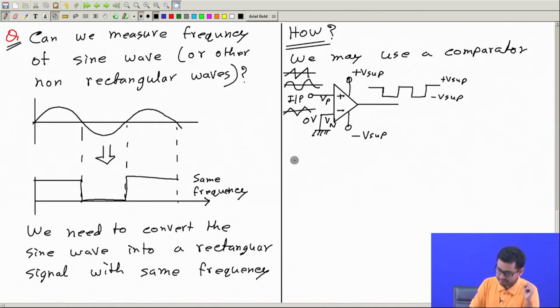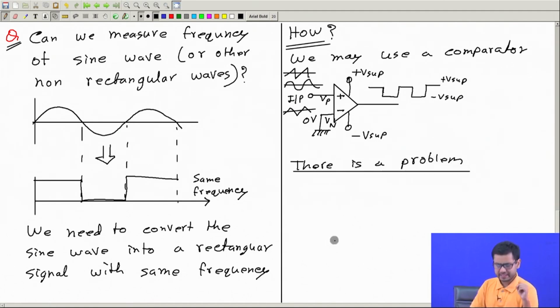But there is a problem. What is the problem? The problem is that if the input signal, the sine wave, is noisy, then we will run into trouble. What do we mean by a noisy input?